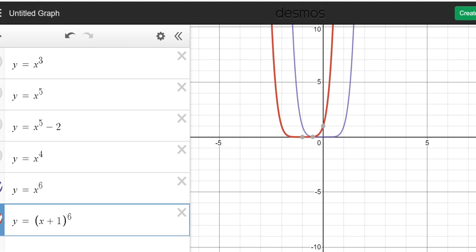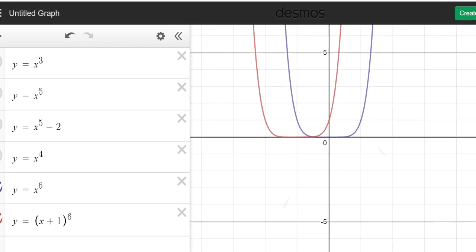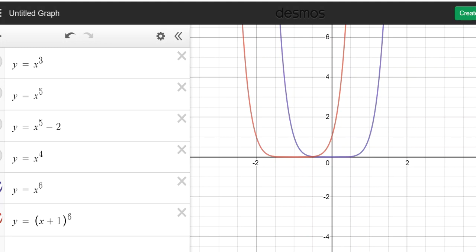In 3b, you were asked to graph the quantity x plus 1 raised to the 6th power. Again, what I have here is the purple one shows x to the 6th, something we did in question number 2, and that origin is right at the center. And what you were asked to graph, that x plus 1, if you notice where the parentheses is and where that 1 is inside the parentheses, the graph shifted over to the left.